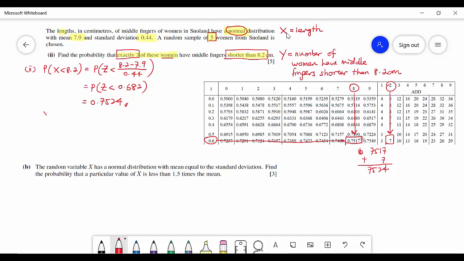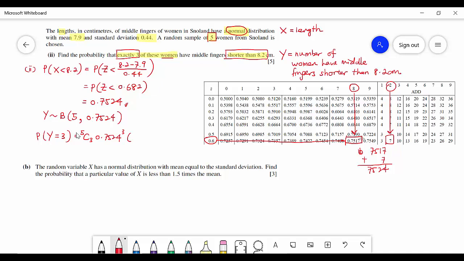And now you want to substitute it into the binomial distribution. I'm having 5 women. The probability that a woman has the finger length less than 8.2 is 0.7524. So the 0.7524 is actually the P in the binomial distribution parameter. Then you want to calculate the probability for y equals 3, exactly 3, so it should be 5C3, p power 3 and q.